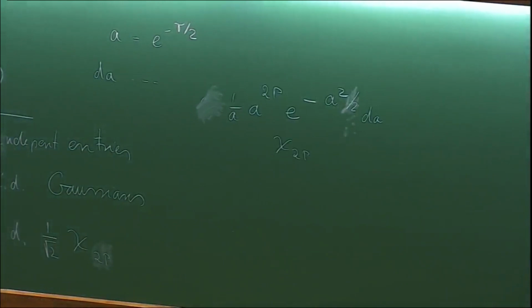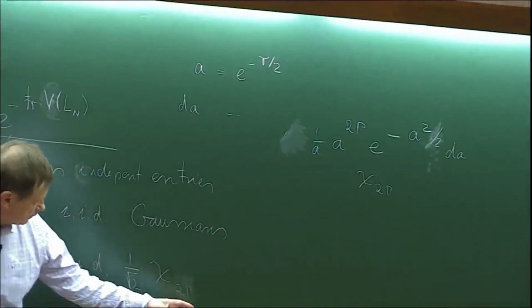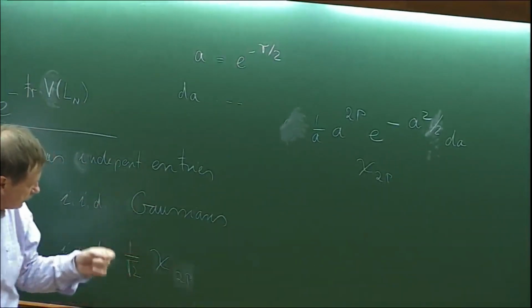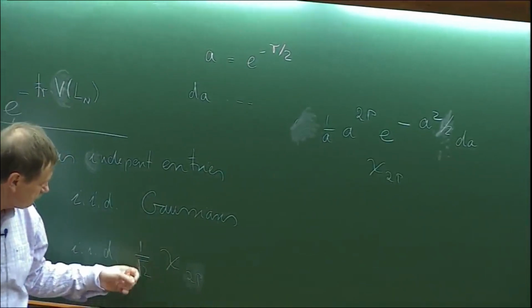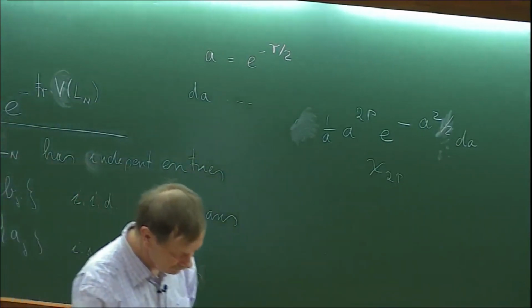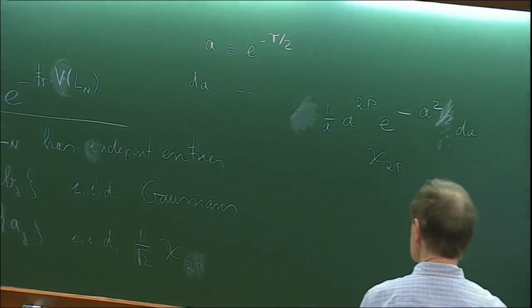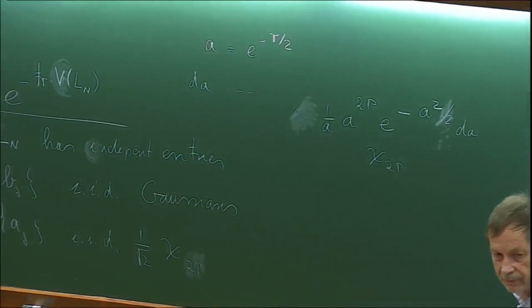So it's an IID distribution, and each entry has the chi distribution with the parameter 2p, but with the standard definition of chi, I have to divide by square root of 2. Okay, so let's see what else we have. Is that fine enough?